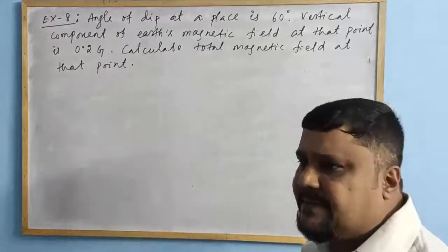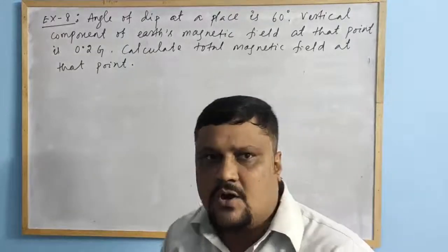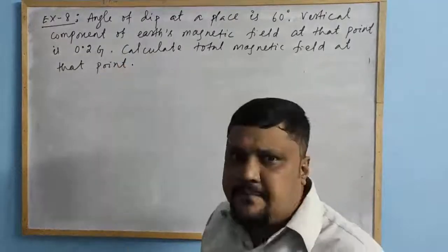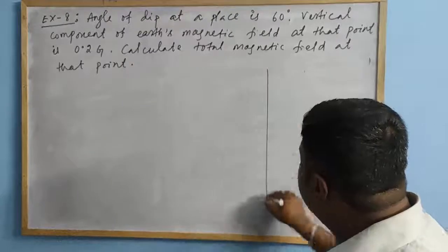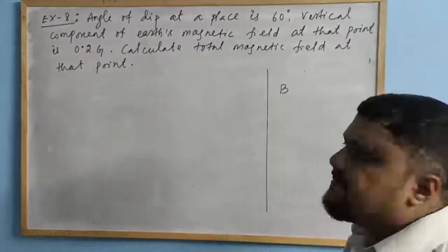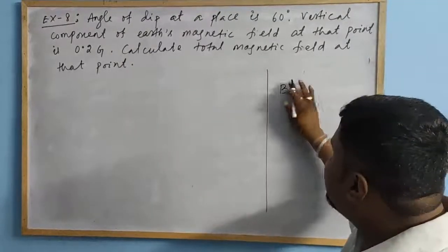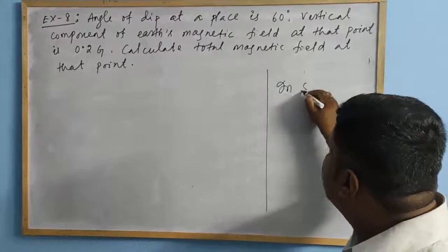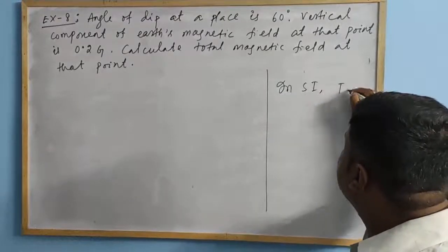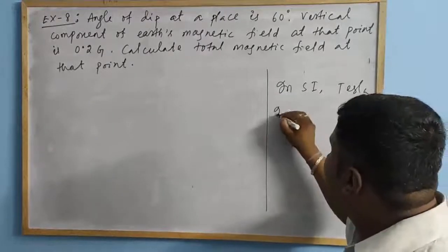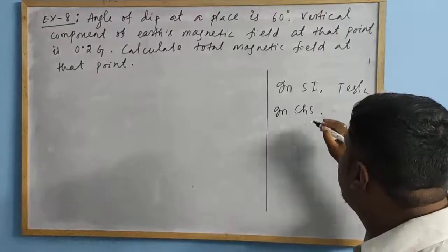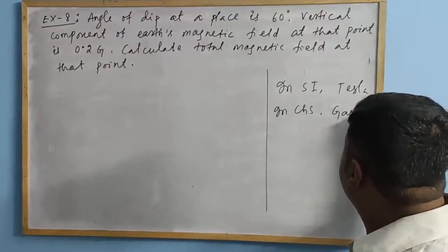So remember one thing, when you convert, Gauss is the unit of the magnetic flux density B, or magnetic field, the strength of magnetic field. In SI, it is Tesla.